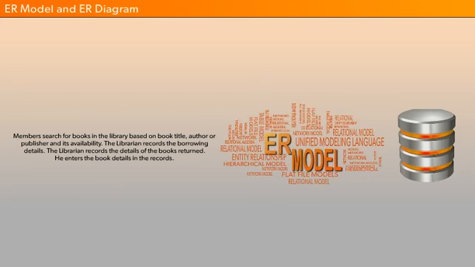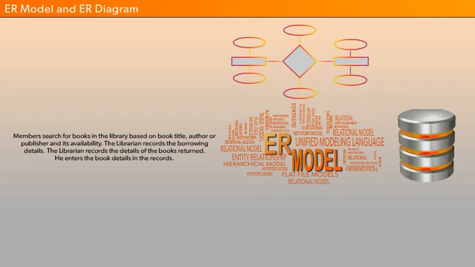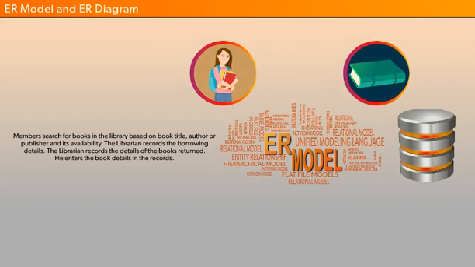There are many models that can be used. ER model is one such high-level data model that clearly explains how the elements of a database relate to each other. The ER model defines the conceptual view of a database. It works around the real-world entities and the associations among them.